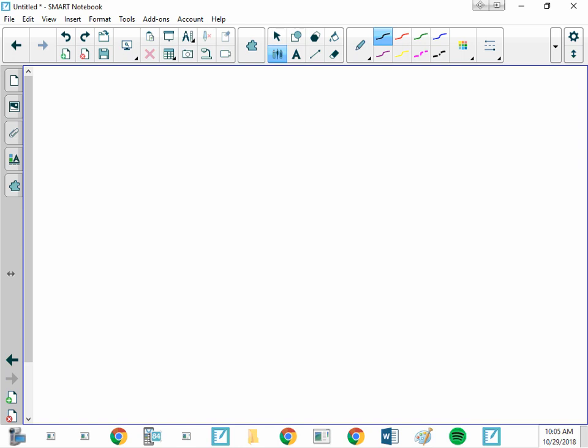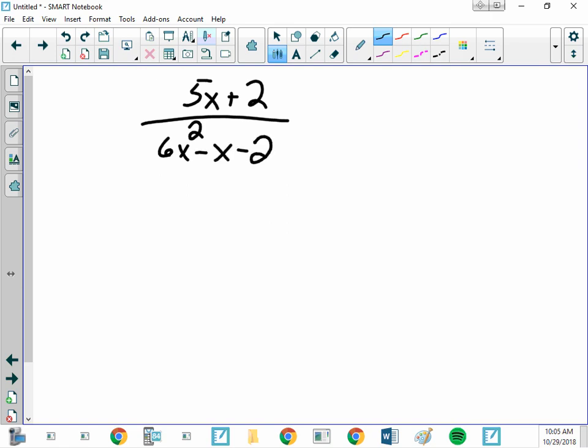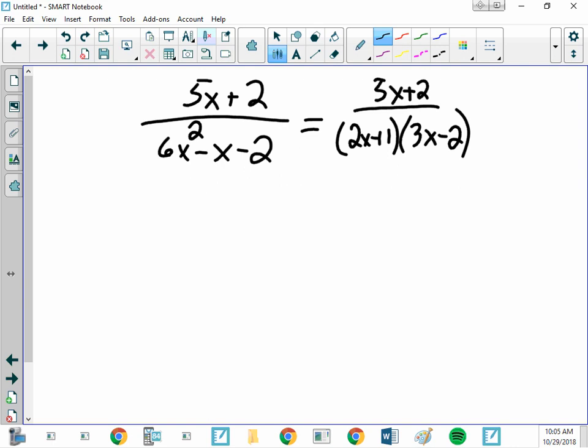Example 3. 5x plus 2 over 6x squared minus x minus 2. And they factored it for us, which is nice. 5x plus 2 over 2x plus 1 and 3x minus 2. Does this have any holes? Do any of the factors of the denominator cancel?